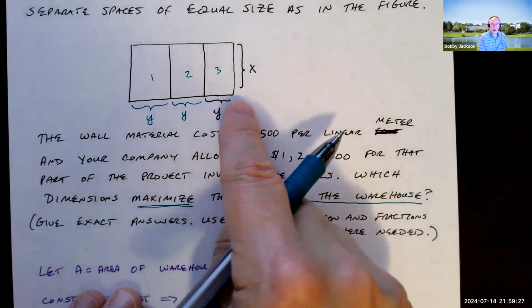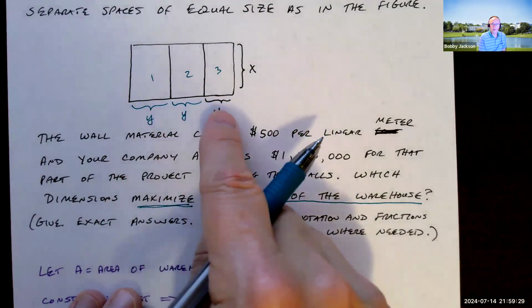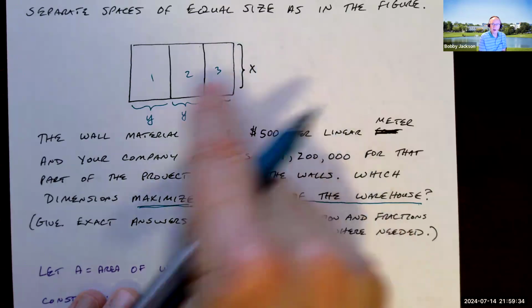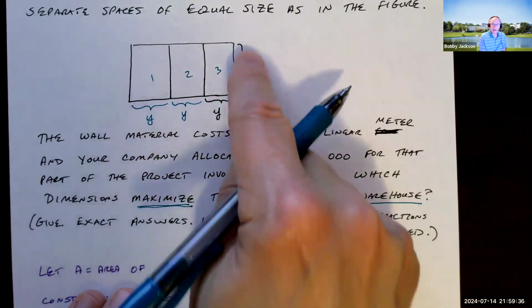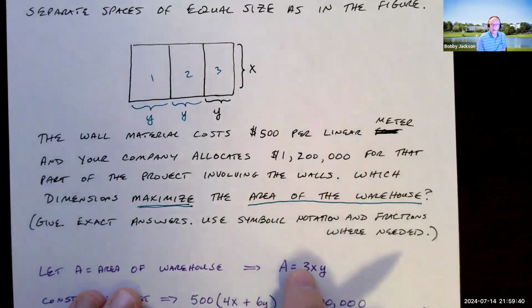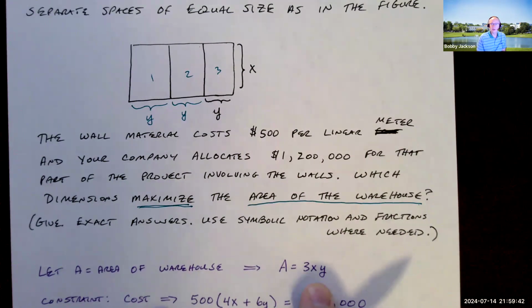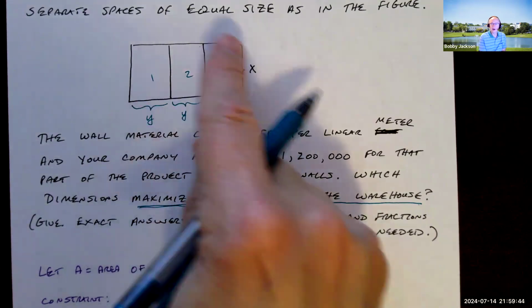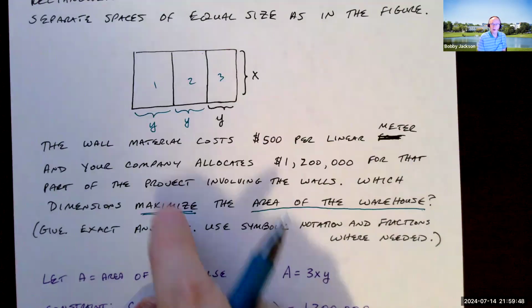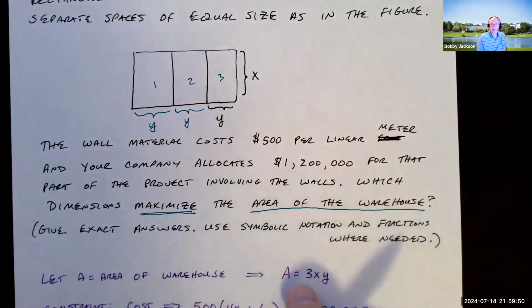It's not y, but it's 3y. It's 3y wide and x in length. So 3y times x is 3xy. So the area is 3 times x times y. That gives us the area of all 3 of these separate spaces, which is the entire warehouse.